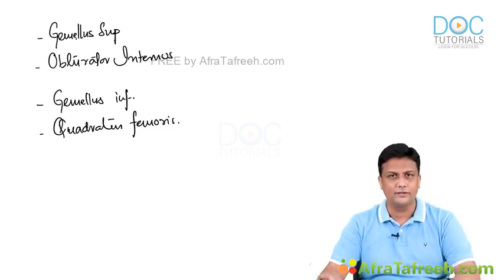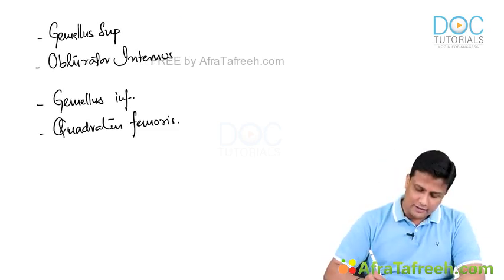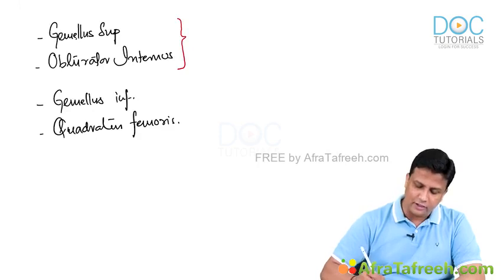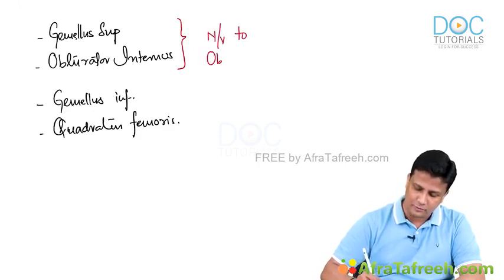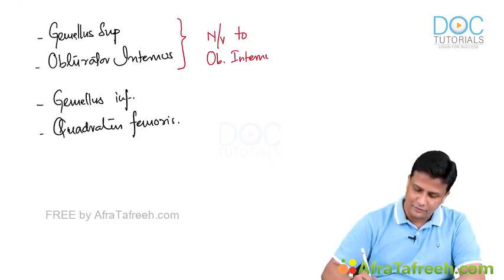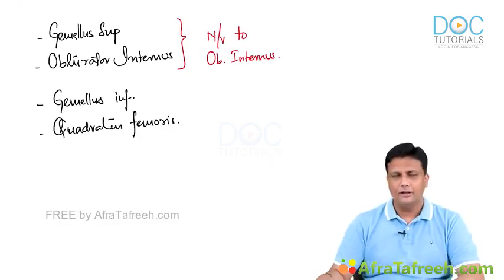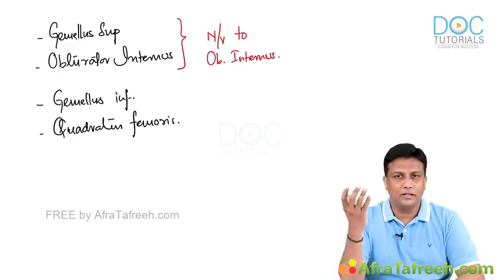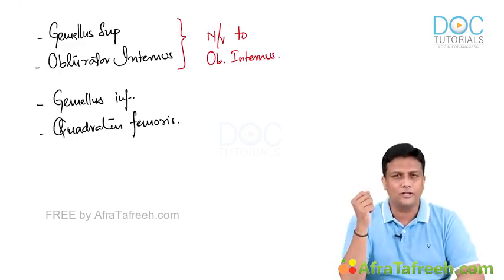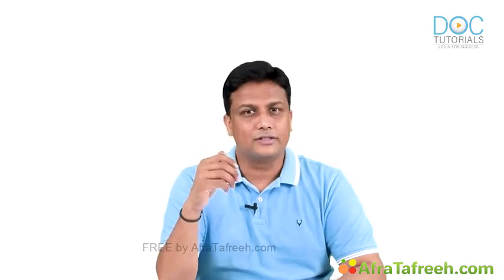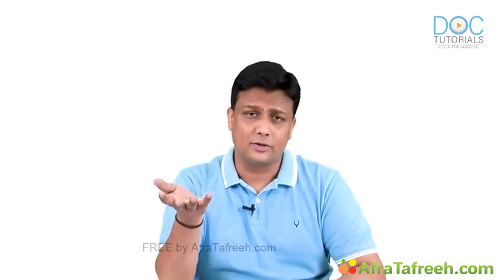Let's follow the same table. The next thing to write down is nerve supply. Now, nerve supply is so easy here: gemellus superior and obturator internus, these two are supplied by the nerve to obturator internus. The name of the nerve itself is nerve to obturator internus. I think you people have watched the upper limb videos along with me. In the upper limb also there is a nerve supplying latissimus dorsi, nerve to latissimus dorsi.